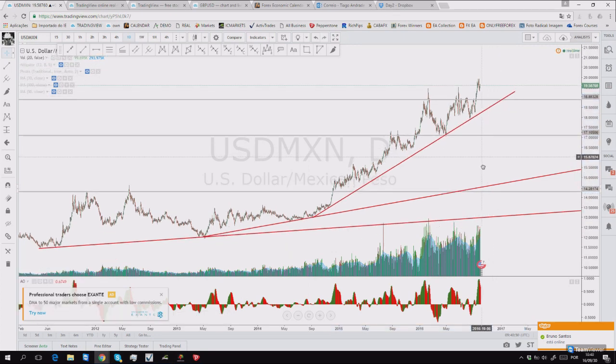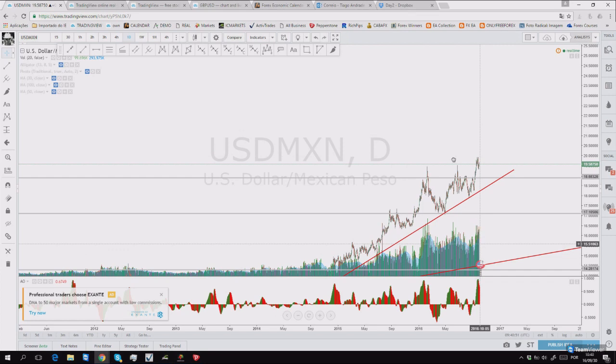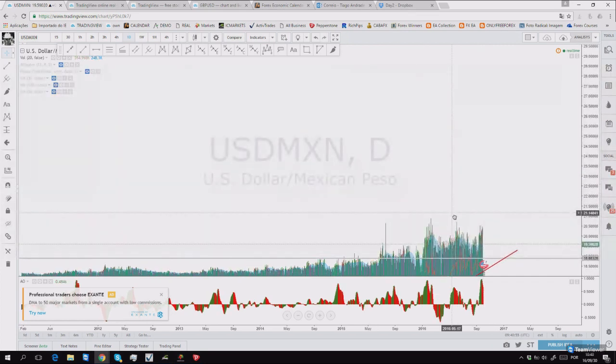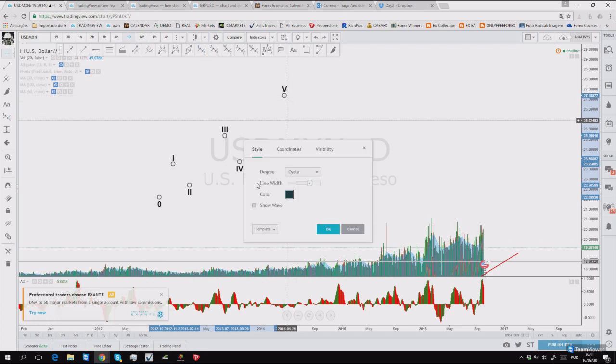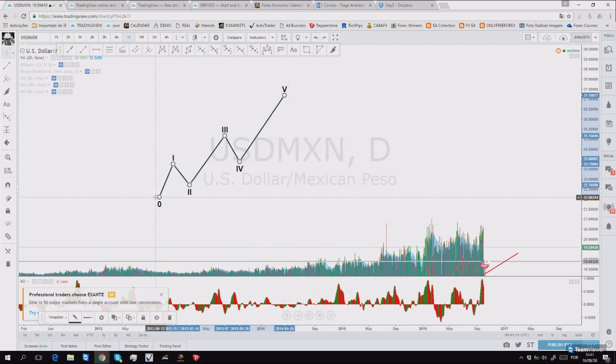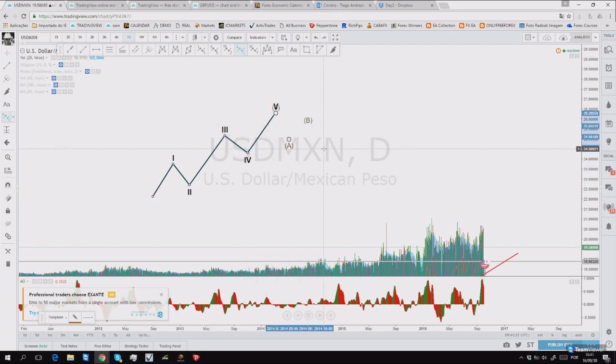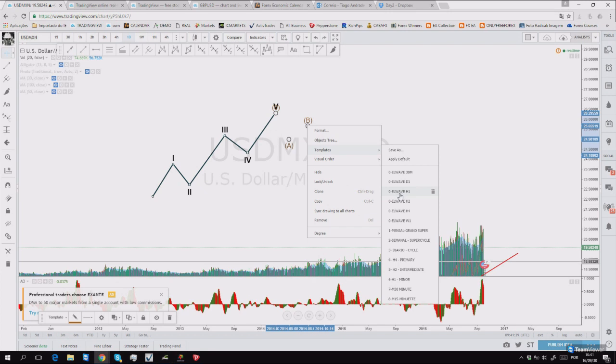Okay, and now before going into waves, let me just try to make you understand. Elliott Wave is made up of 5 waves and then 2 corrections. You can have 3 kinds of corrections.